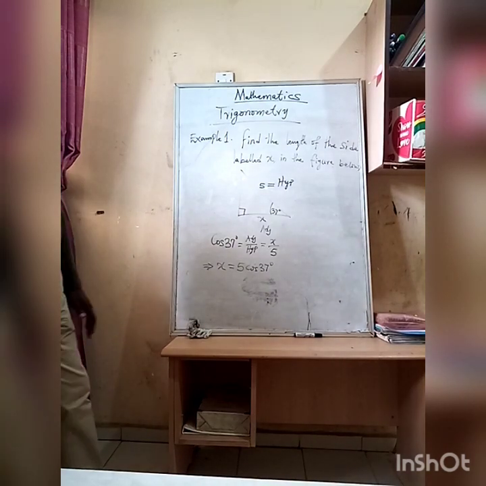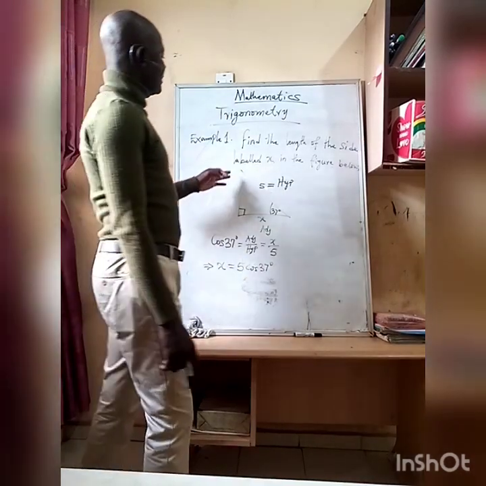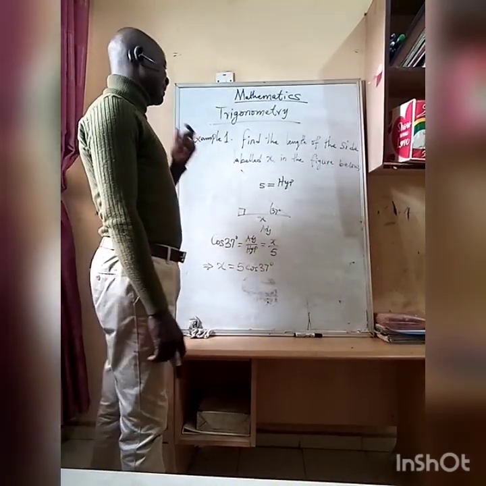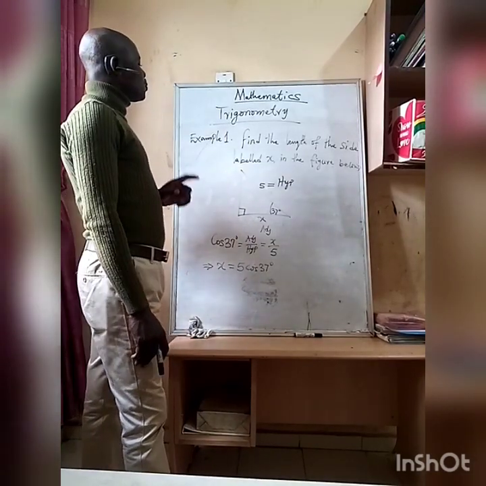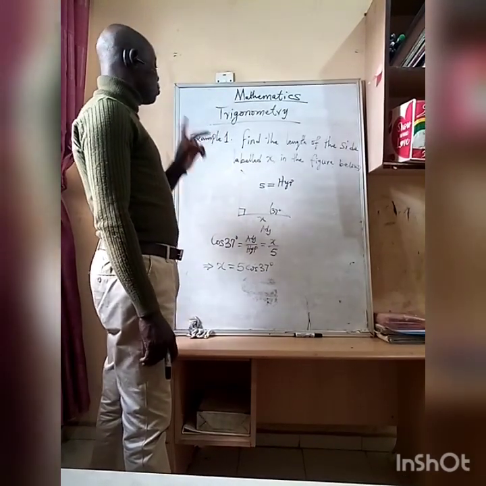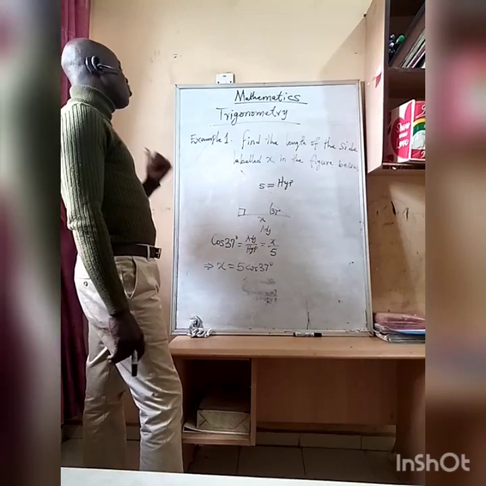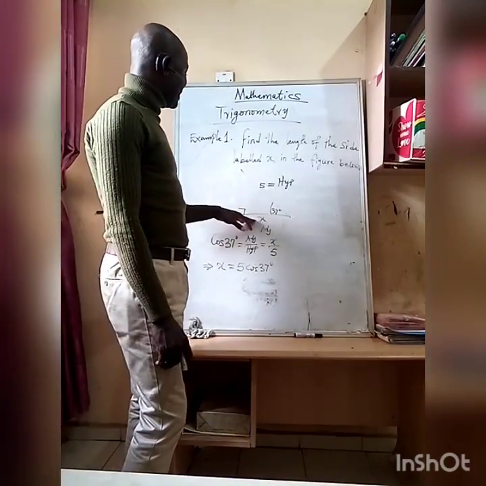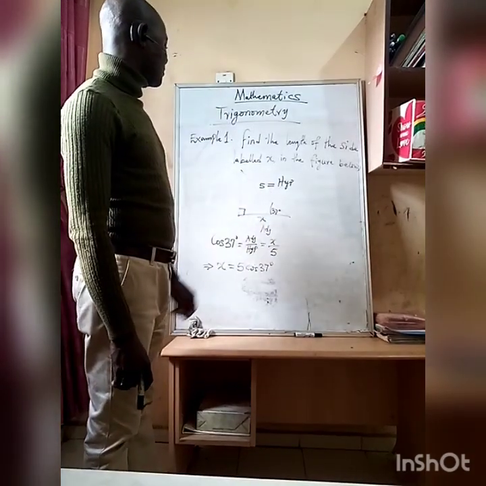In essence, you may be given all the interior angles of a right angle triangle technically, and you may be given only the length of one of the sides, and you will be told to find the length of the remaining two sides.